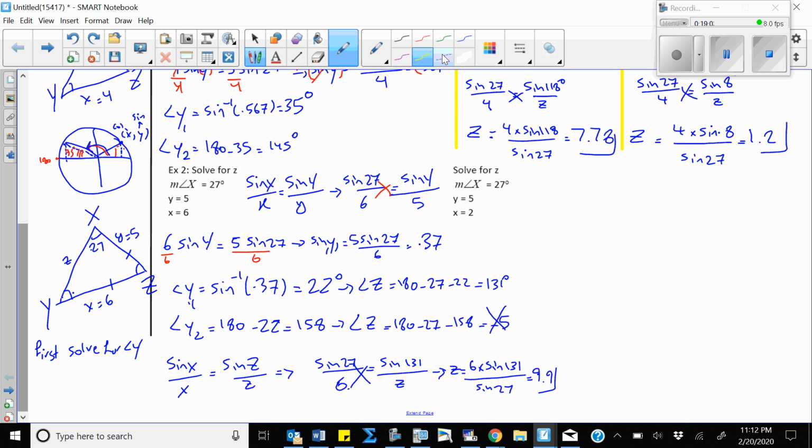Okay, now let's work on the last problem. Here again we have another triangle, x, y, and z. Angle x is given 27, side y is 5, and side x is 2.